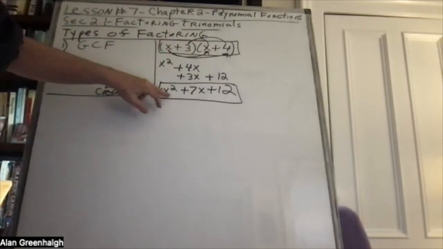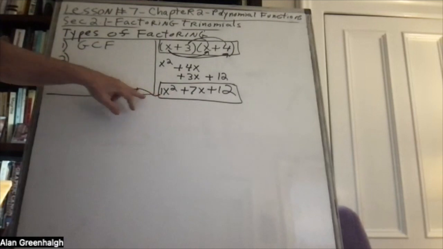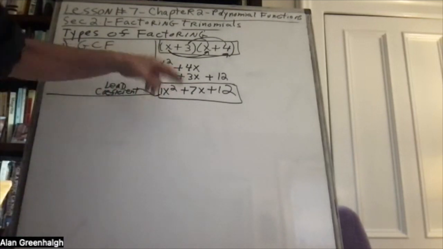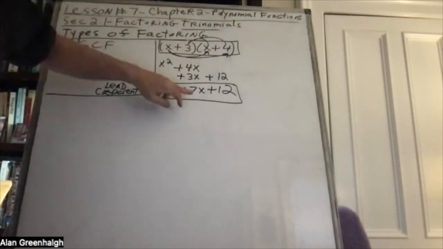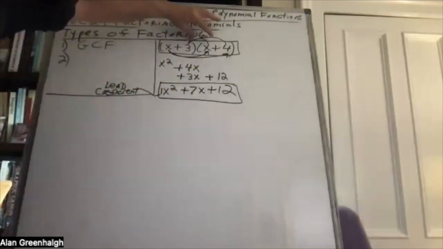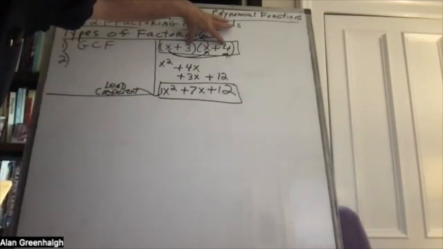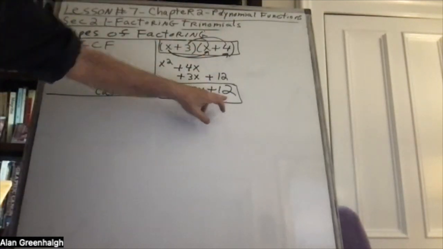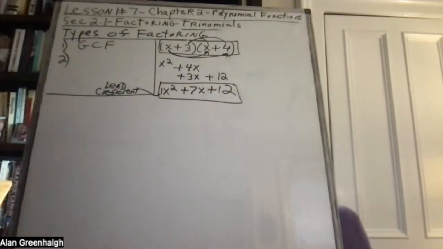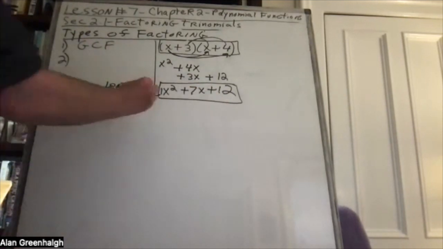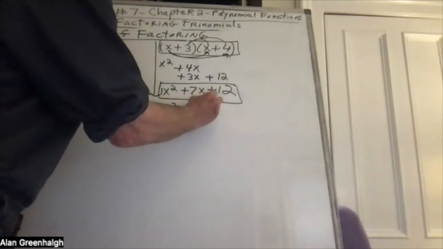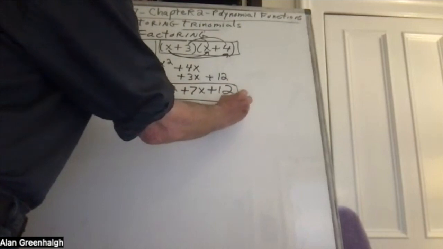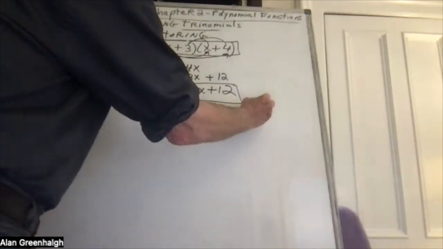So this lead coefficient, the first one, is 1. When the lead coefficient is 1, it works that the sum of these two numbers equals the middle term, and the product of these two numbers equals the last term. So in other words, it's x squared plus the sum times x plus the product.